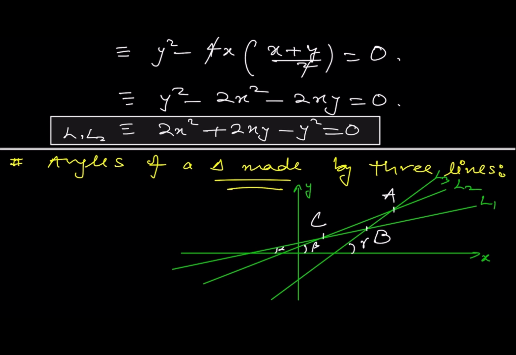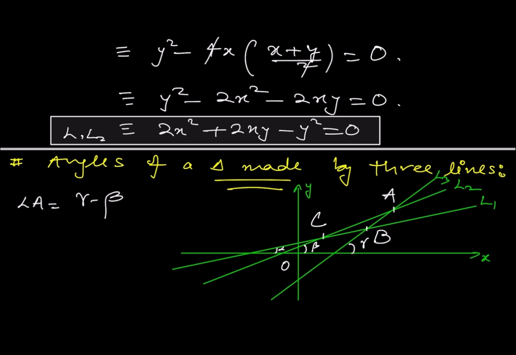So now angle A, from the figure, in triangle ABC is beta plus A is equal to gamma. So A is gamma minus beta, right?